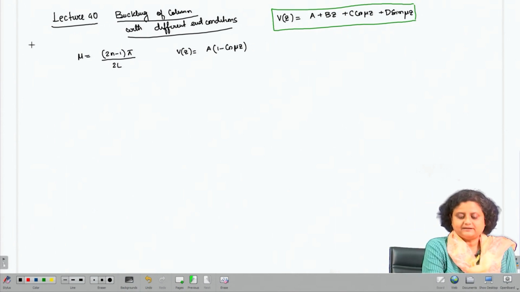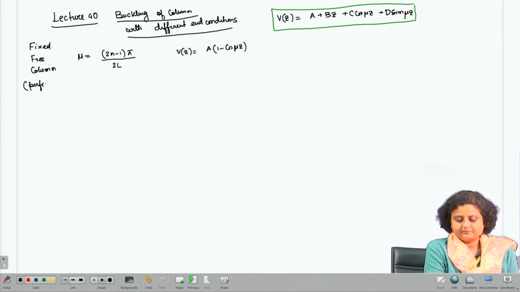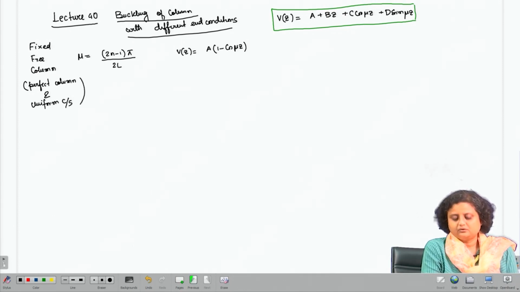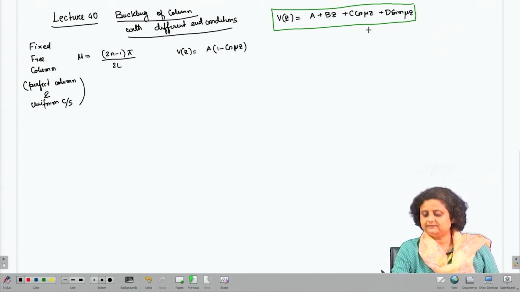In the last lecture we have seen that for a fixed free column, which was a perfect column and which had uniform cross section, we found this generalized solution for the transverse deformation. This is for any boundary condition.